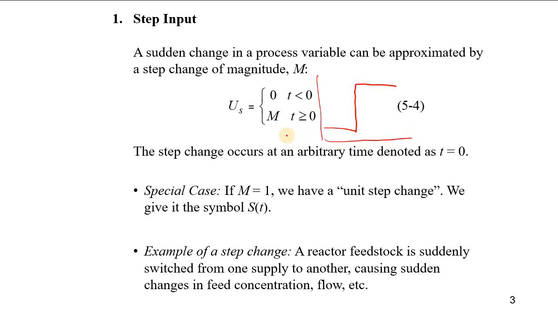So if I'm talking about a valve, it moved, for example, from 20% to 30% opening. So what was the value of m? Here the value of m will be 30 minus 20, it will be 10. Okay, or 10%, whatever you call it, with the unit that is defined there. So it is equal to 10.